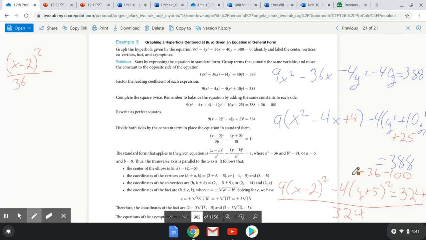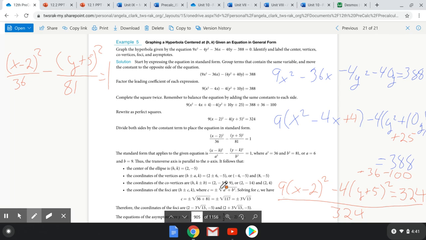I know that my y is going to be my negative term because I'm dividing by a positive, and this is where my negative is. So 324 divided by 4 is 81. So I have y plus 5 squared over 81 equals 1.